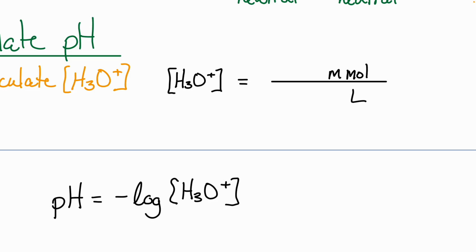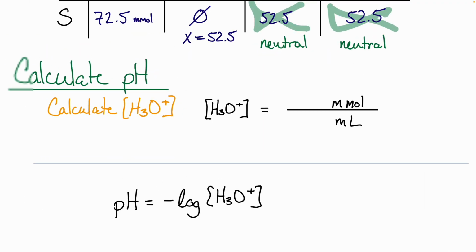So I can just take my millimoles divided by milliliters. Now all of a sudden that milli part cancels out and leaves me with moles over liters, or molarity. So hydronium concentration, we're going to calculate that by taking our millimoles divided by milliliters. That will give us the molarity of that solution. We said we had 72.5 millimoles.